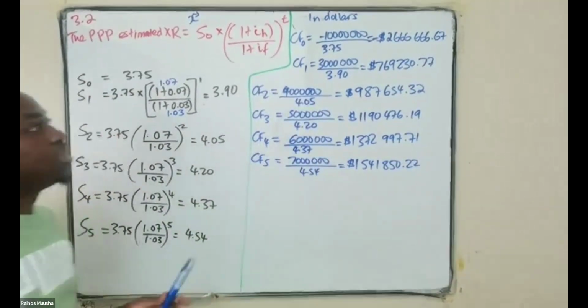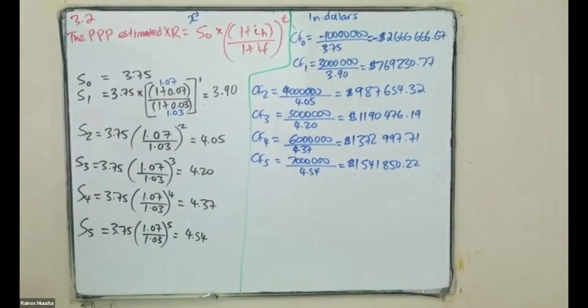So these are the cash flows in US dollars. So now we have the cost of capital in US dollars and we have the cash flows in US dollars.